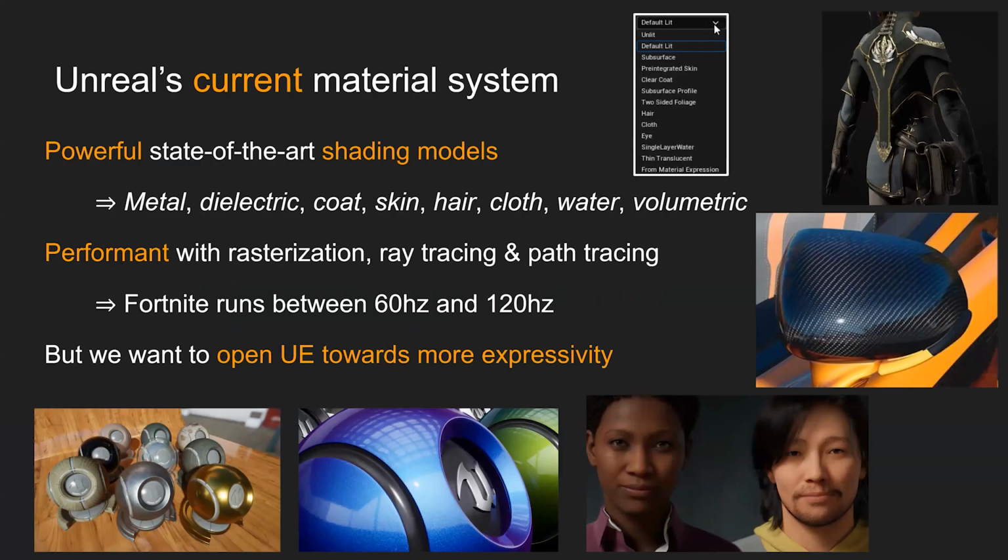Prior to starting the Substrate project, Unreal was already providing a quite competitive material system based on fixed shading models. Those shading models were addressing specific appearance targets, going from standard surfaces to subsurface, clear coat, cloth, hair, eyes, and things like that.